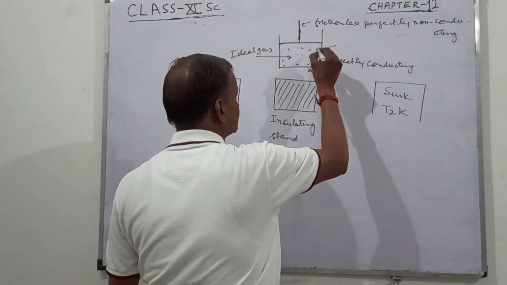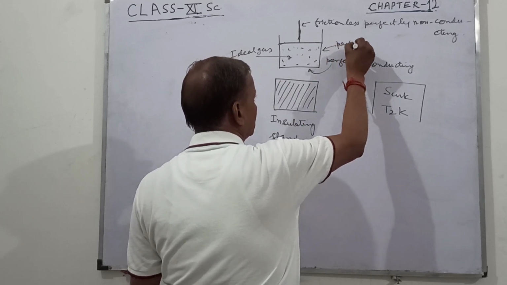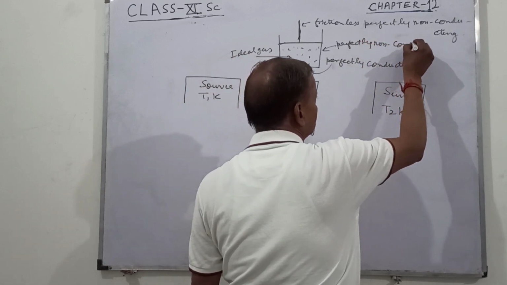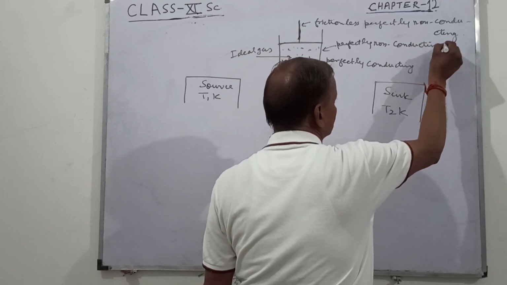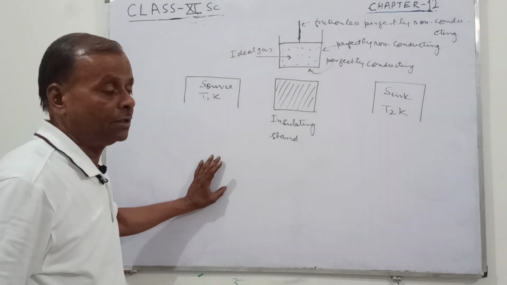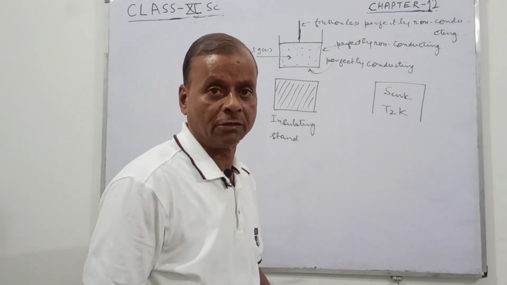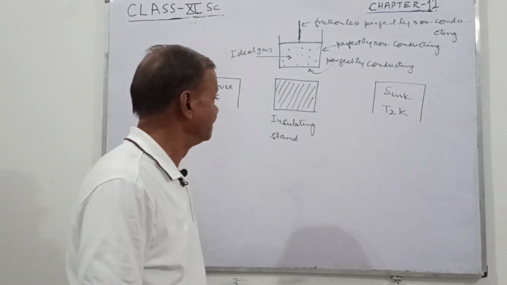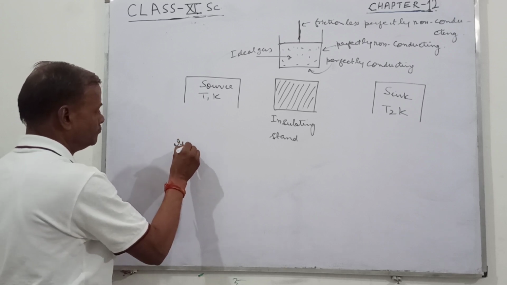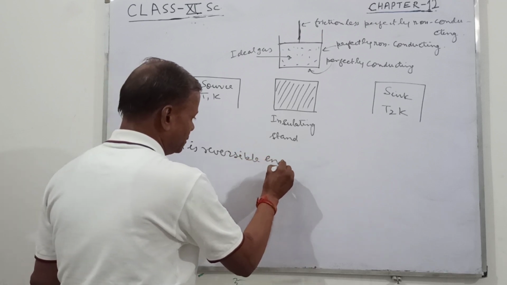These walls, this and this, they are perfectly non-conducting. So these are the four parts of the Carnot's engine. Now this is the perfectly reversible engine.